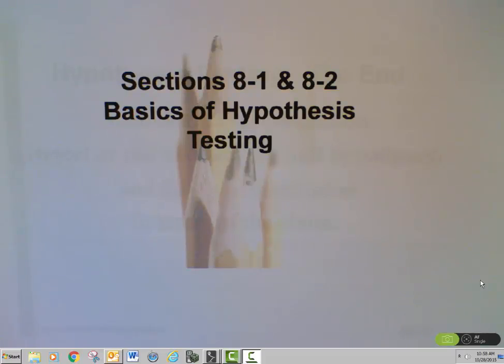Sections 8.1 and 8.2 are the basis of hypothesis testing. All of Chapter 8 is about testing hypotheses to state whether or not there's enough evidence to support a claim that's being made.